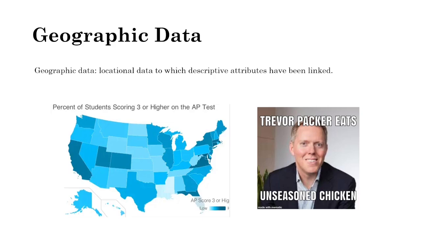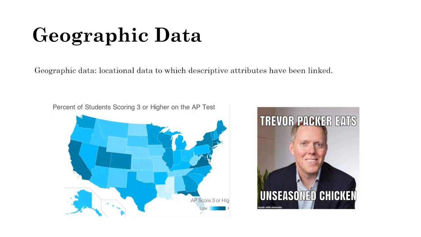So geographic data, for example, could be where in the United States do students score the best on AP tests, or in which states do the most students fail AP tests. So we can look at a map and determine, okay, Louisiana, Mississippi, students there fail AP tests more.